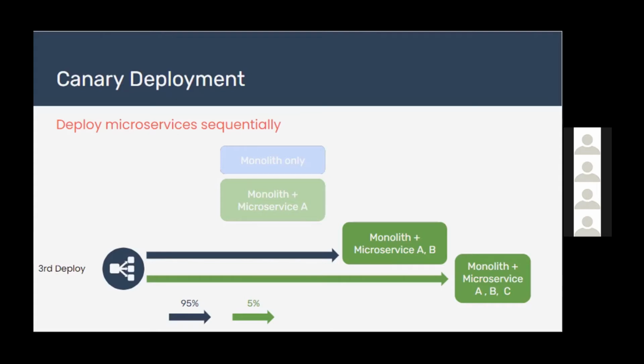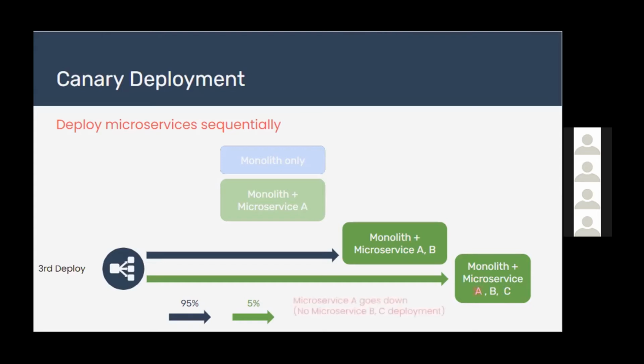So let's say microservice C were to experience issues. This will force the engineering team to roll back microservice C in their deployment. Ideally, they need a rollback version where it's just monolith and microservice A and B. Luckily, they could just switch back to the previous version because that was already deployed previously. So it's simple for that case.